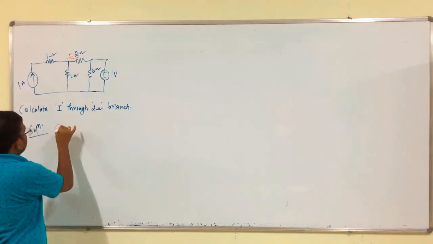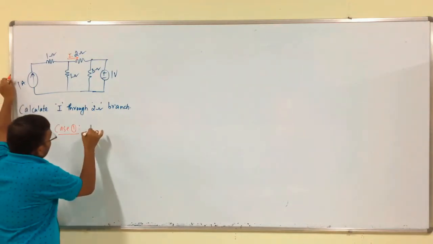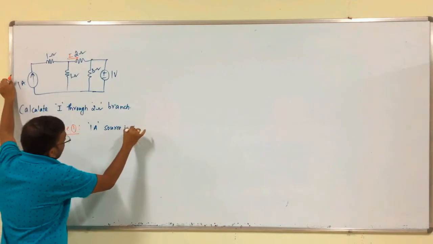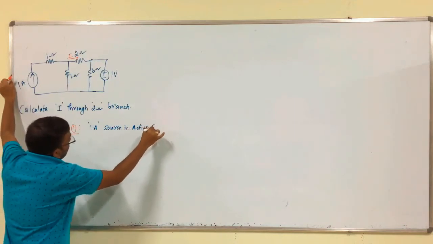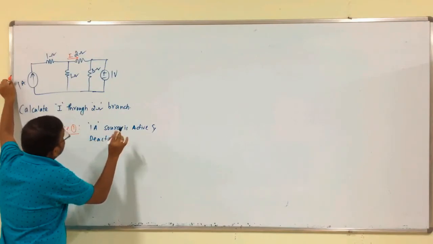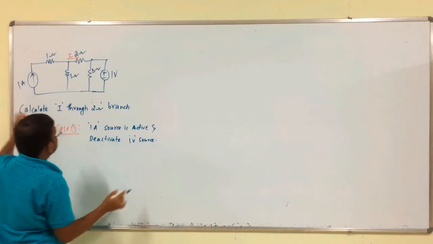Case 1. What is case 1? Only the 1 amp source is active and the voltage source is deactivated.